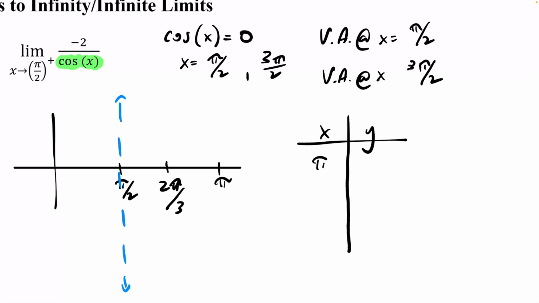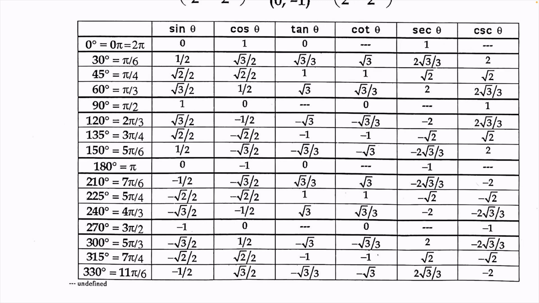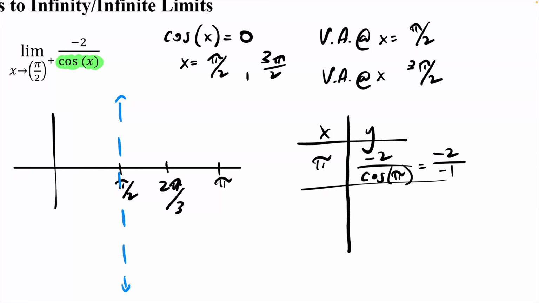So when I plug in pi to the function, I get -2 over cosine of pi. So -2, and then cosine of pi is -1. So that means +2, right?